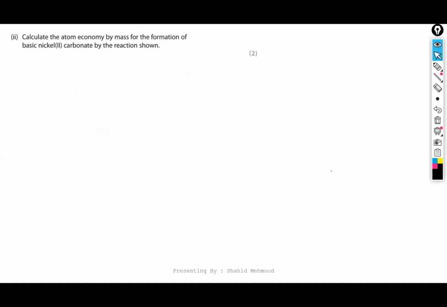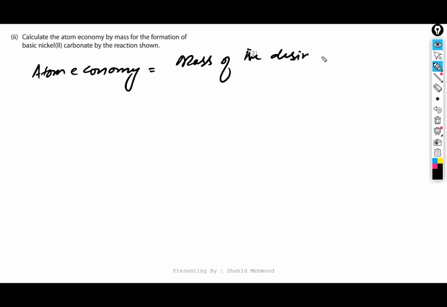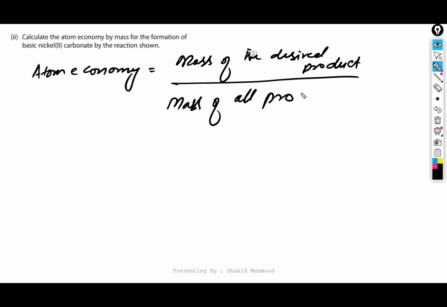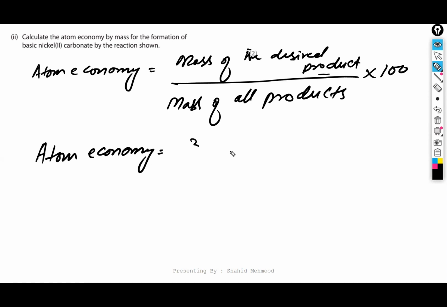Calculate the atom economy by mass for the formation of basic nickel 2 carbonate of the reaction shown. So atom economy is equal to mass of the desired product divided by mass of all products times 100. Now the atom economy in this case, we can calculate the desired product. Already we calculated its Mr and that was 376.1 times 100.